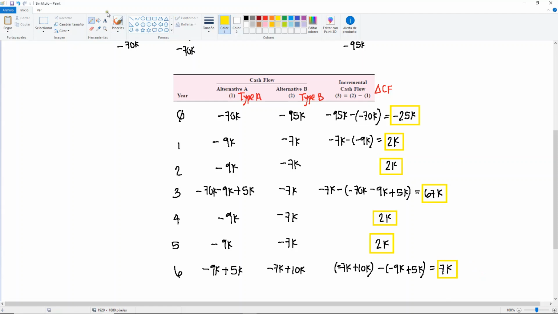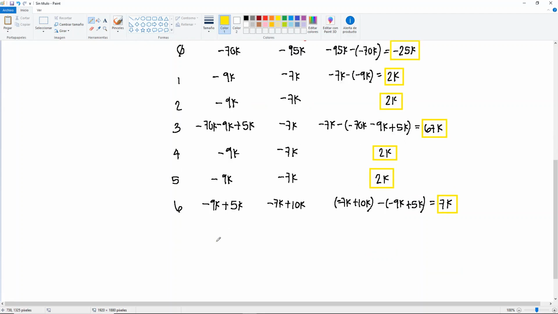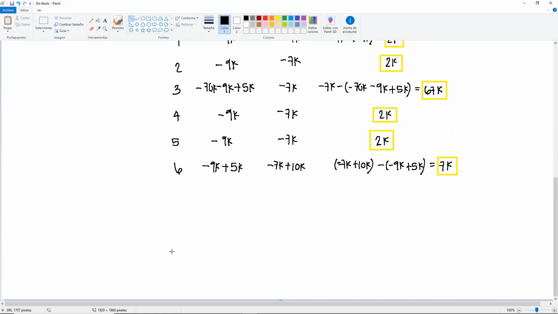Here we're not going to be solving it, we're just practicing how to fill out the tables. But how would this look if you were to translate it into a cash flow diagram? Let me draw it below. This would also be for 6 years, and this is the incremental cash flow diagram, or the resulting one. So we would have year 0, 1, 2, 3, 4, 5, and 6.